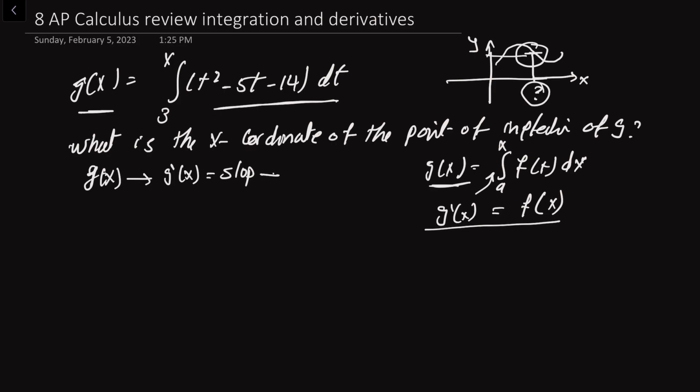And if we take the second derivative, which is g double dash of x, that will give us the upward or downward of the function, concave down or concave up, by finding the second derivative, or the point of inflection.